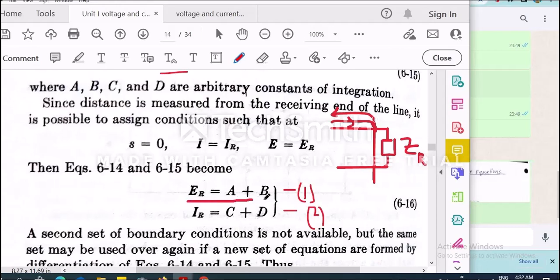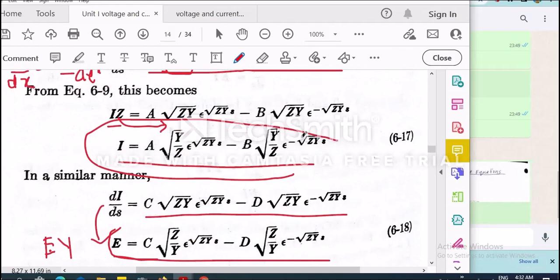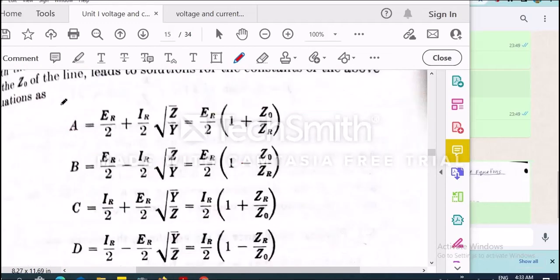Reflected is B, incident is A. So B by A is the reflection coefficient at the load end. We denote it by gamma L, or in some texts by K. If we see the expressions of B and A and take the ratio B by A, the common terms will cancel out.